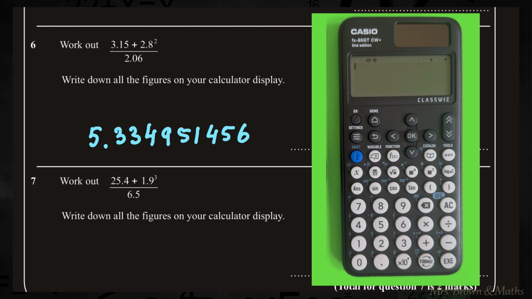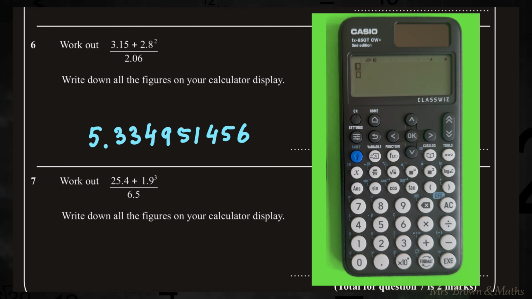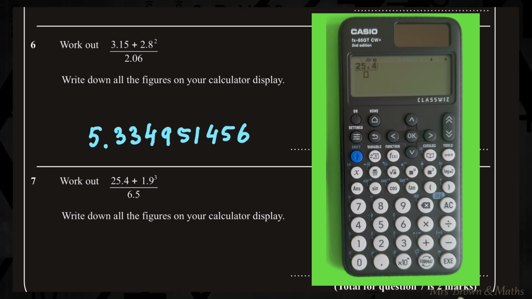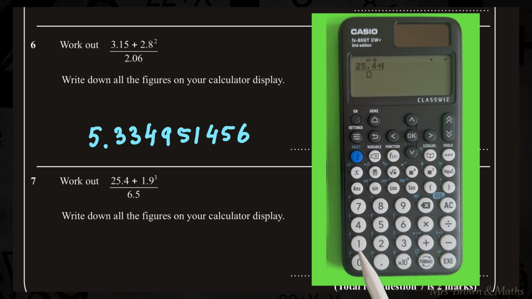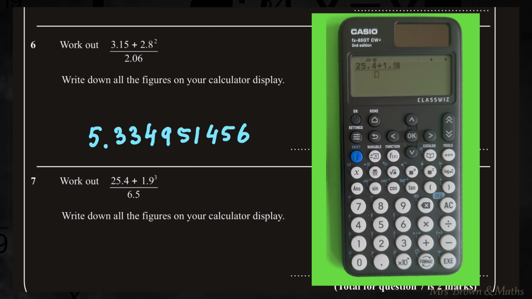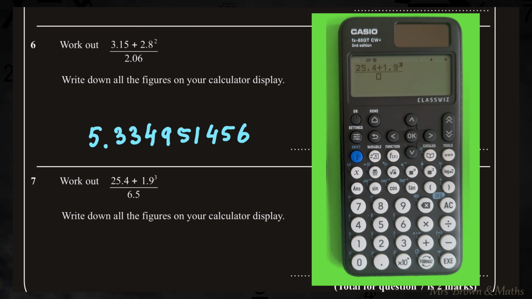Question 7. It's a fraction, so click fraction. Top, 25.4 plus 1.9 to the power of 3. Right, I find just the button with index and now put 3 there.